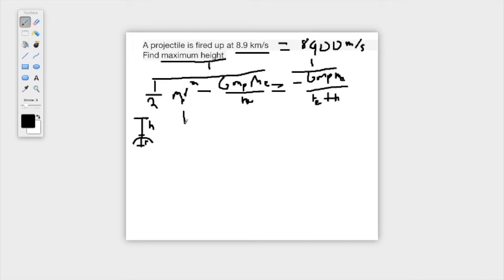So we get 1 over 1/2 MP V squared minus G MP ME over RE equals RE plus H over negative G MP ME.